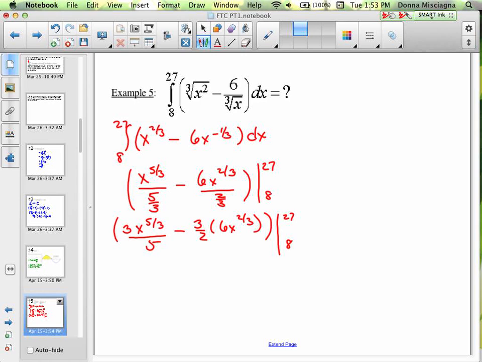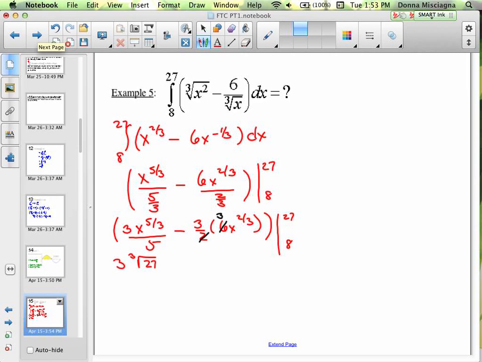Let's change those exponents to radicals because it'll be a little easier to simplify. So we have 3 times the cube root of 27. I'm going to plug 27 into everything, and then we'll plug in 8. And while we're at it, we'll simplify this. So that's just going to be a 9.